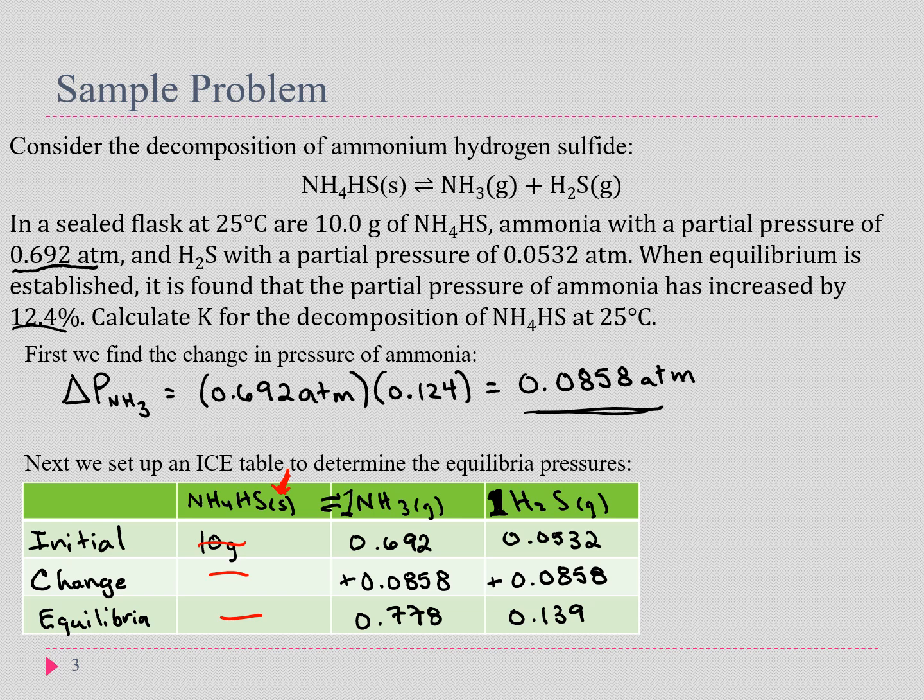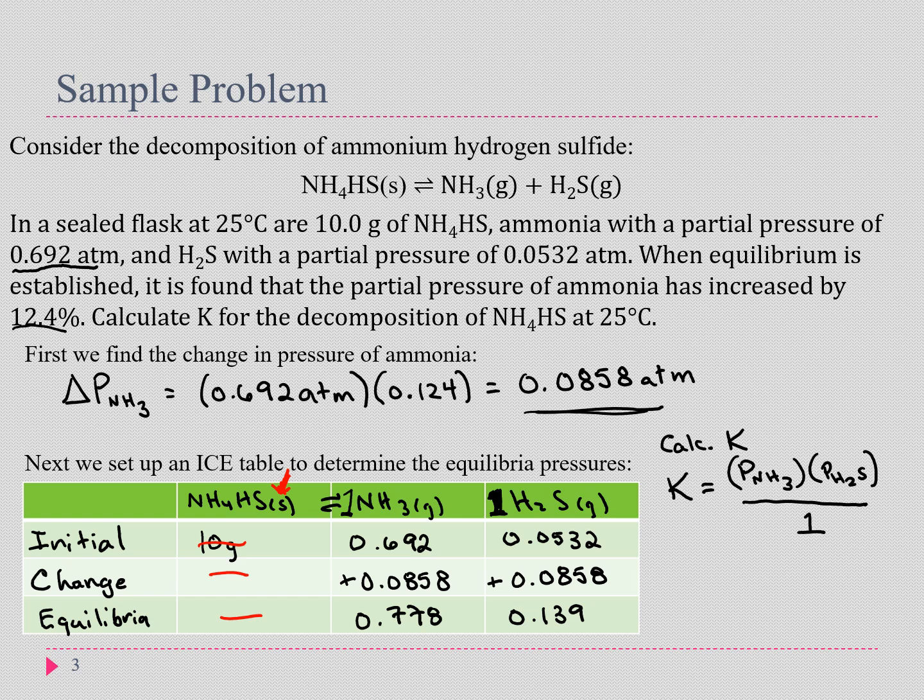All right, now we're going to calculate K. Well, K is products divided by reactants. So the partial pressure of ammonia times the partial pressure of my H2S divided by, well, we have a solid, and the only thing that's a reactant there is a solid, so we just divide this by 1.